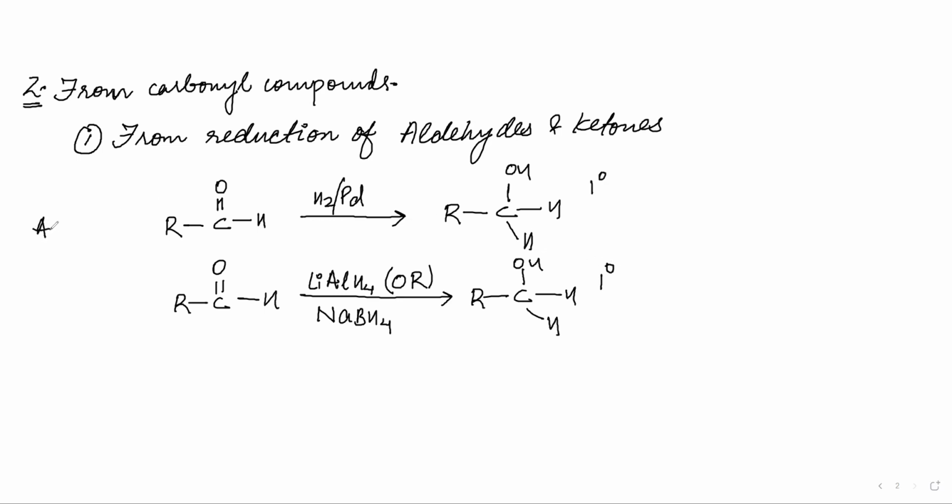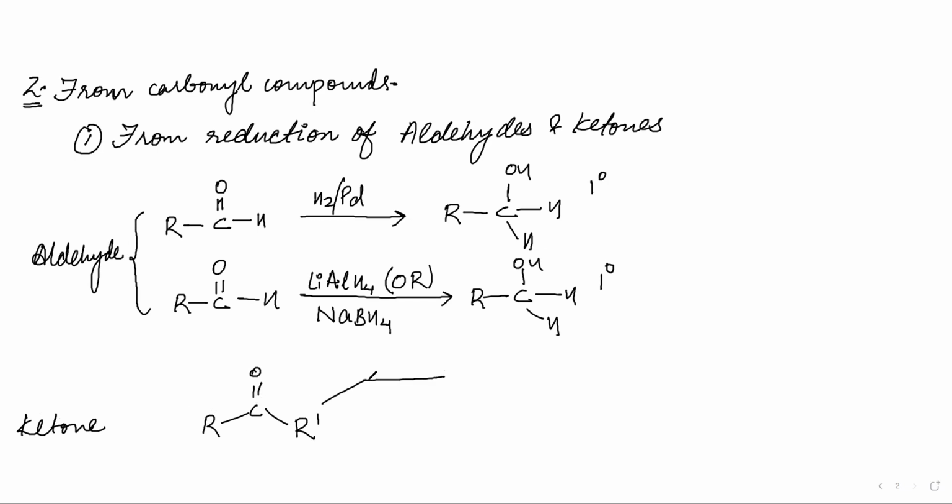And these are what? Both of them are aldehydes. Correct? Now if I take a ketone, R, C, double bond O, and I am taking this as R dash, that means these two R groups can be the same or different.